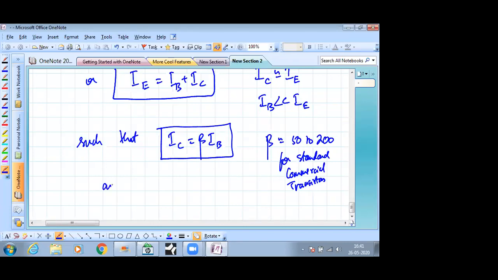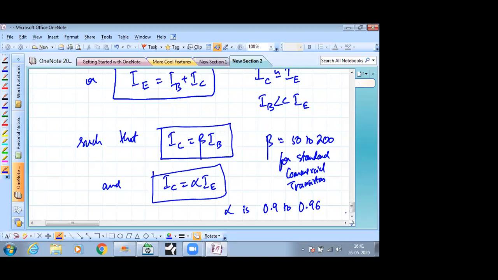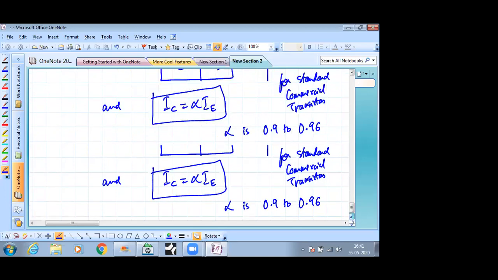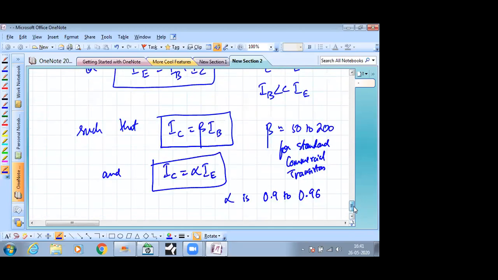Whereas also we have the relation that IC is equal to alpha times IE, where alpha is typically something in the region of 0.9 to 0.96, something like that. Okay. So collector current is very close to emitter current, but slightly less. So these become the two important parameters.